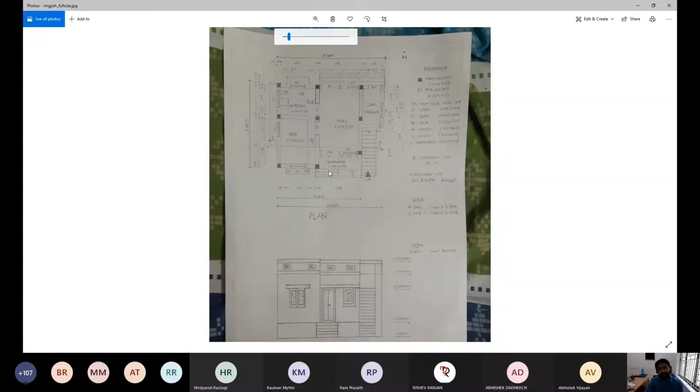This is the plan. The plan is showing 1, 2, 3 steps, but here it is showing 1, 2, 3, 4, 5. It is not matching. Why is it not matching?